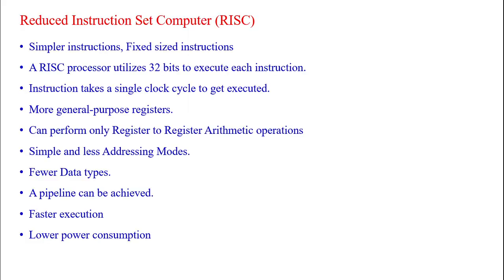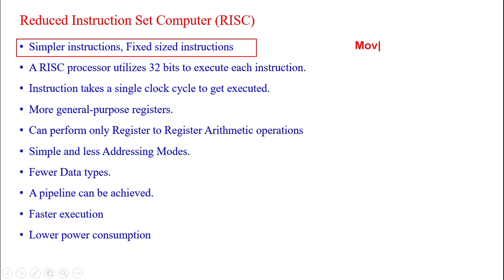A straightforward definition, and most of the instructions are straightforward. It's not much complicated. Reduced instruction set computer, simple instructions. Almost all instructions are very straightforward. Let me give a few examples here: move R0, comma, 1 2 3 4, and then add R0, comma, 5 6 7 8, like this.